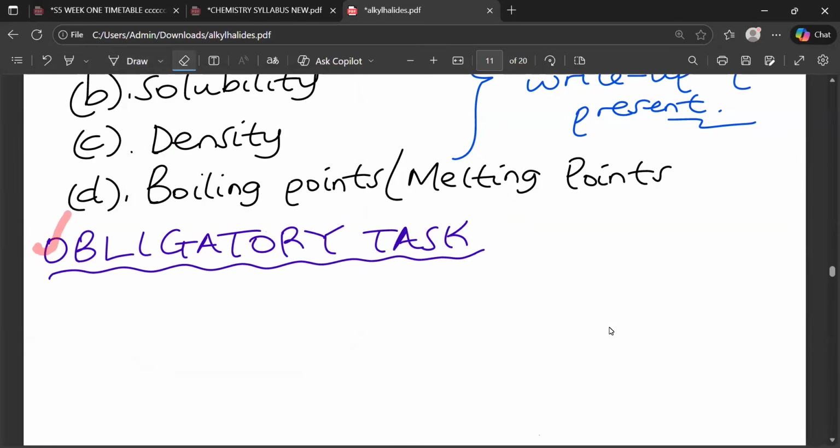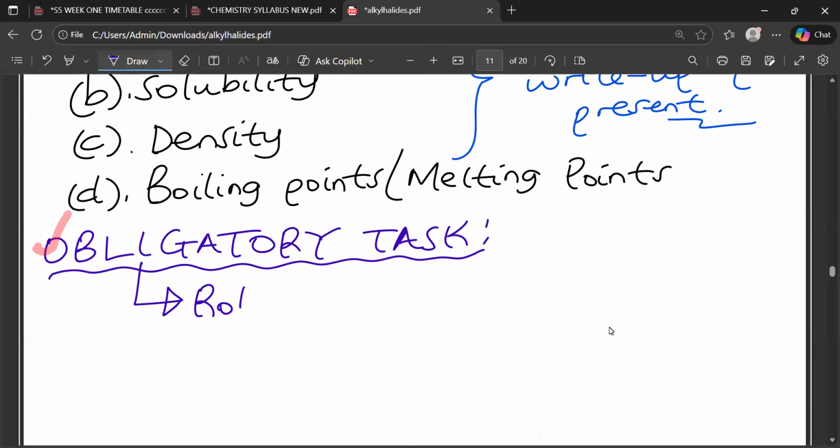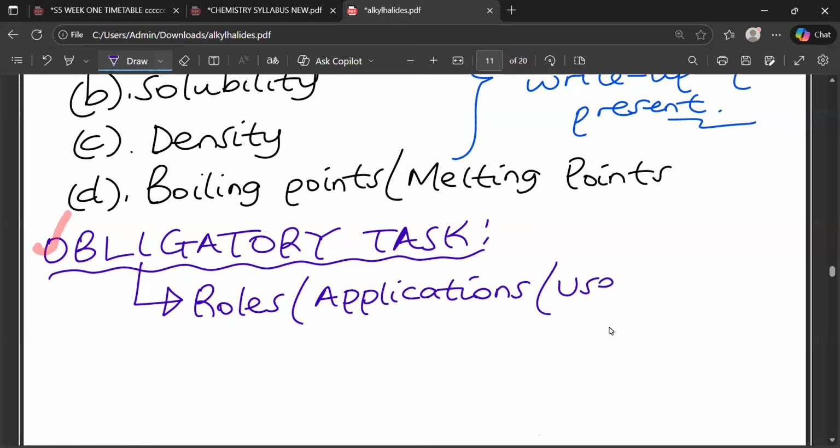The mere fact that it is a task means it's for the student, the trainee. So obligatory tasks: the rules, stroke applications, uses. This time around they added ethical considerations.